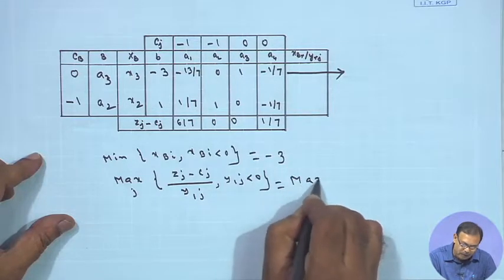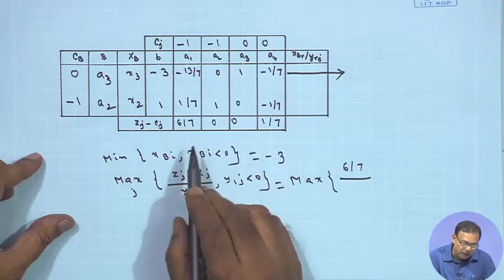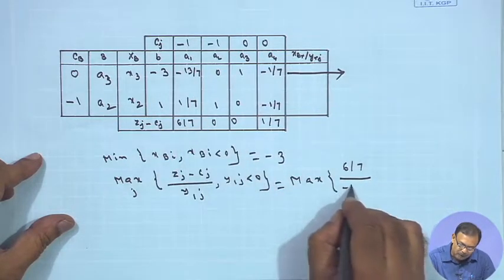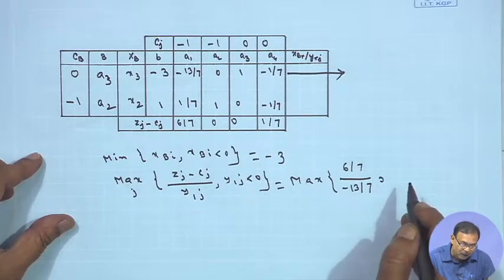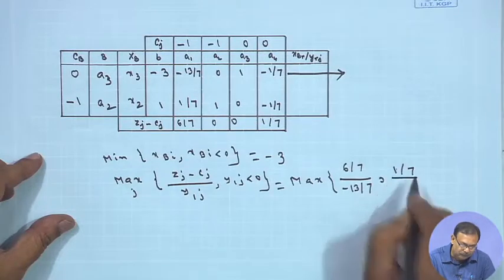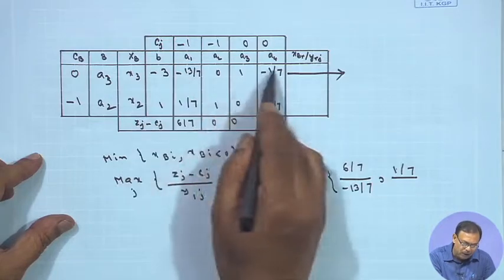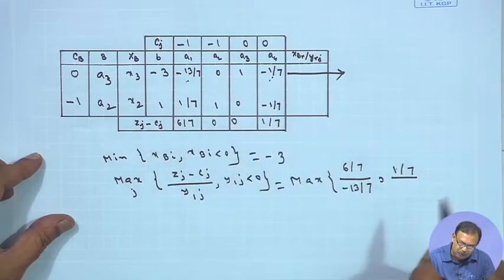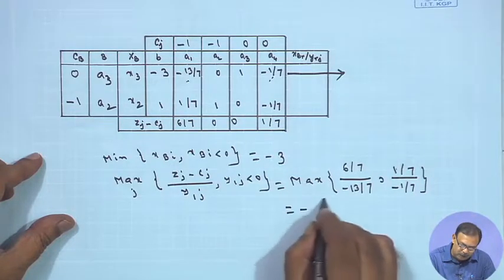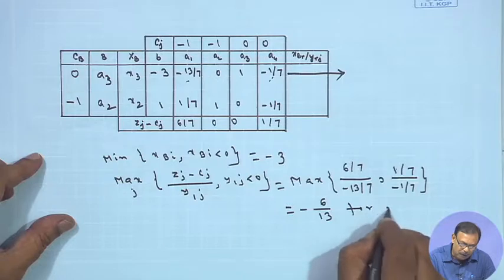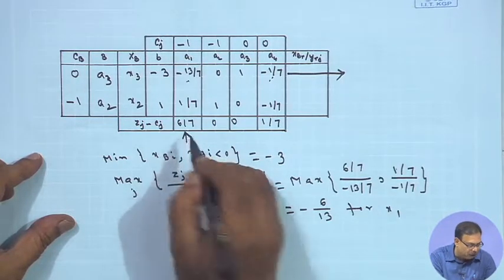So, this is the maximum of, again I am writing, 6 by 7 divided by minus 13 by 7, and then 1 by 7 divided by minus 1 by 7, because you are having negatives only on these two. So, the minimum will be minus 6 by 13, which is for x1. Therefore, your x1 will enter into the basis.